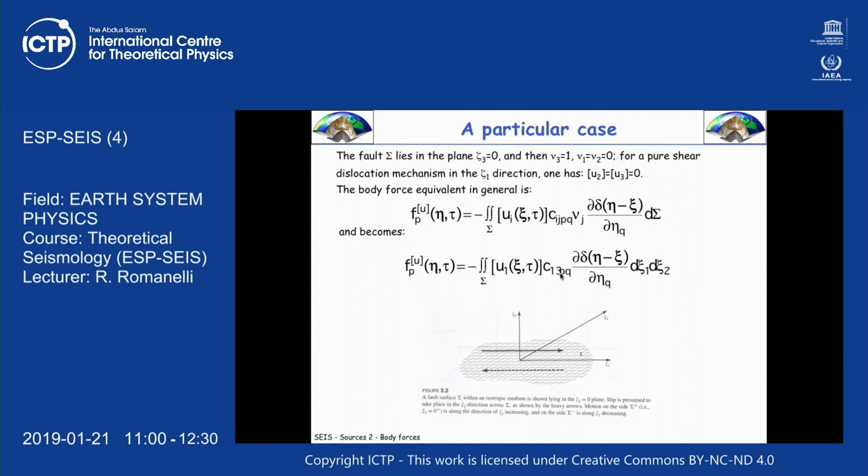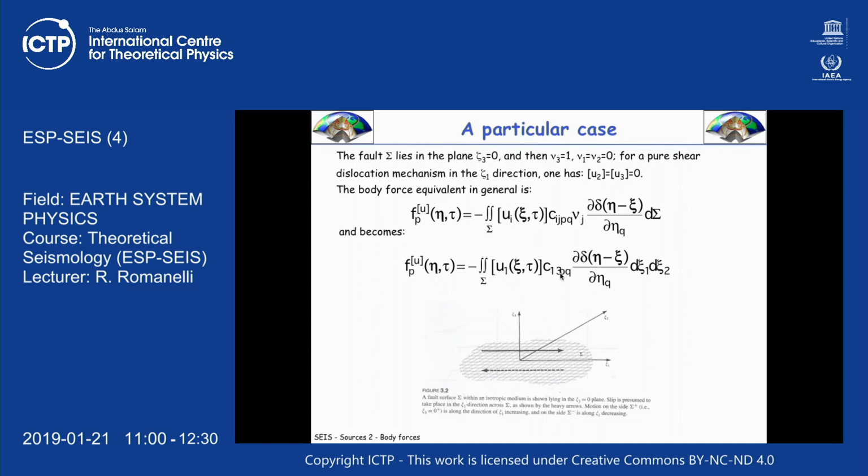We've seen the general case, and I want you to understand better, I hope, the game of indexes for a specific case. It's a case that has been chosen by Aki and Richards, so you can look at these slides with more detail in the book. It has been chosen also by Stein and Wysession, and also by Pujol in the paper that I was suggesting to you. Now, let's take a specific case. The fault is this one.